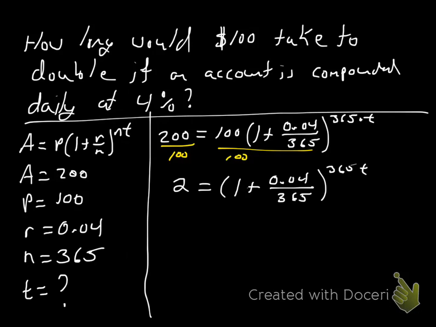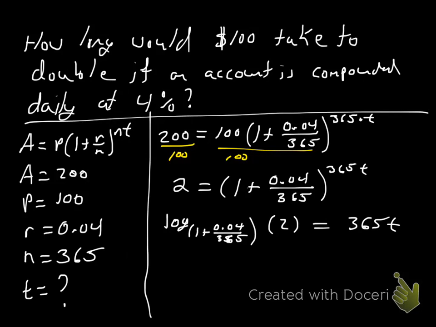So you're going to rewrite as log form, and then you need to use change of base. Well, that's what I'm going to do. So your base is that ugly thing, and yeah, your base can be yucky like that. Your argument is 2, and the exponent is 365t.